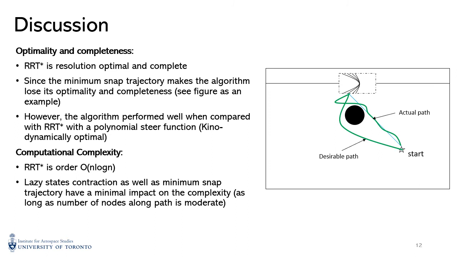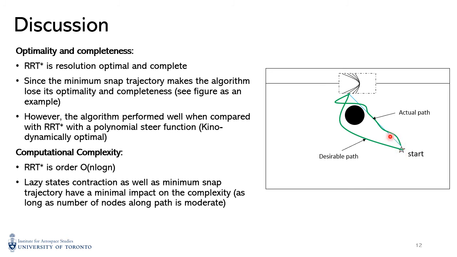So now discussing a couple of points. The first point is optimality and completeness. RRT star itself is resolution optimal and resolution complete. However, since we're adding the minimum snap trajectory step on top of RRT star, the algorithm loses its guarantees for optimality and completeness. A simple example of that is in this scenario here: the desired optimal path should look something like this.